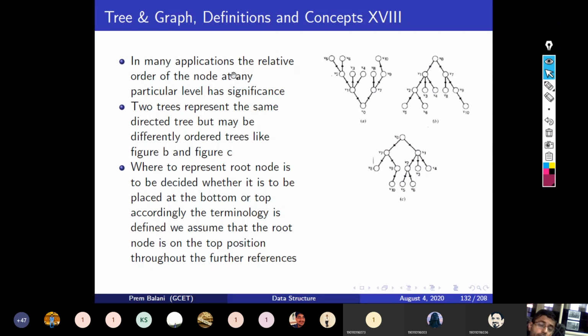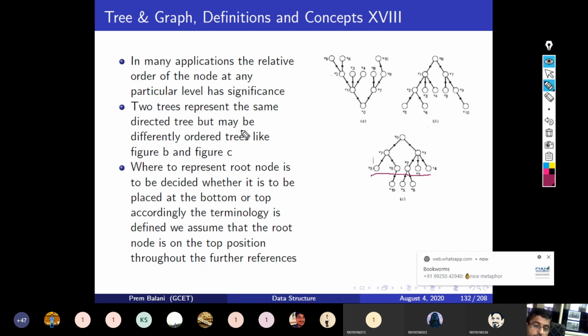In many applications, the relative order of the nodes at any particular level has significance. Right? If you take any level of the tree, say this tree, the order is important. You cannot change the order. It depends on the application, and in some, order is not important, right? So the two trees represent the same directed tree but maybe differently ordered trees.